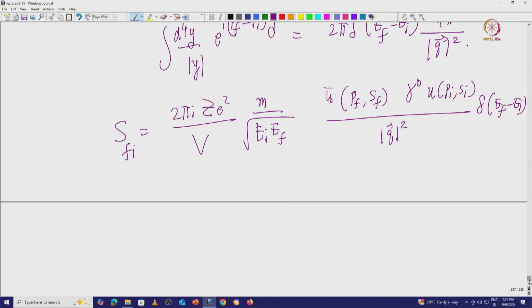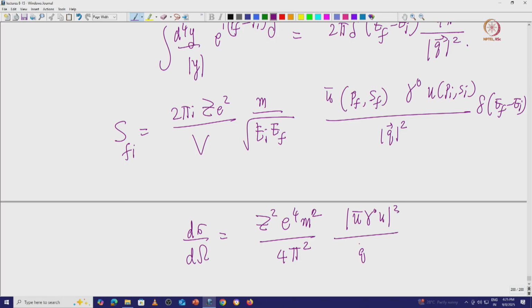This gives me d sigma by d omega is equal to Z squared e to the power 4 m squared, 4 pi squared, mod u bar gamma 0 u squared by q squared whole squared. Now you can use your trace formula and everything. This is exactly like what we have used for Feynman rules, what we get for the Coulomb cross section.